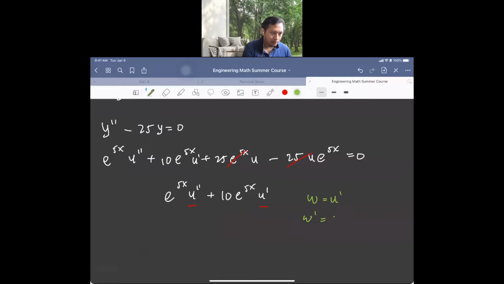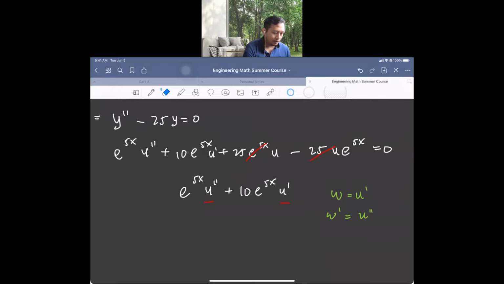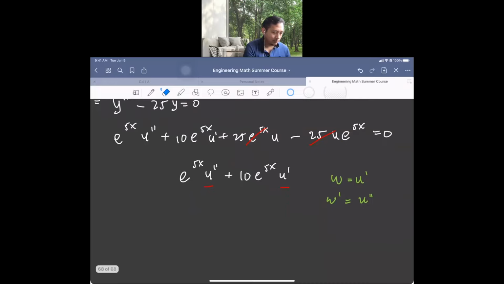So we are going to have w prime plus 10w equals 0.